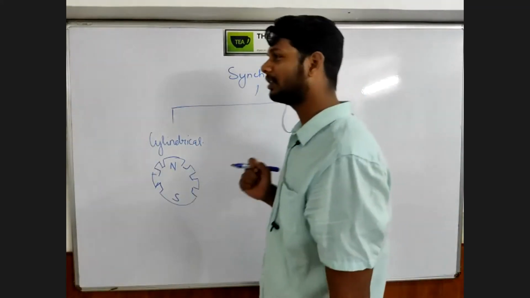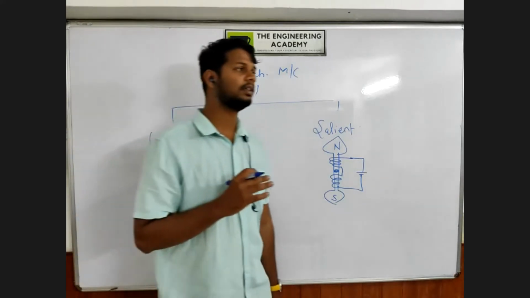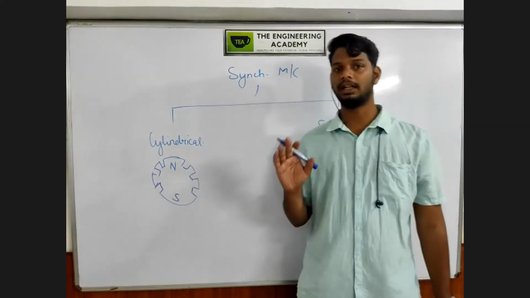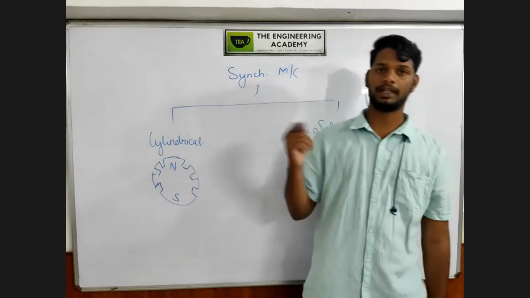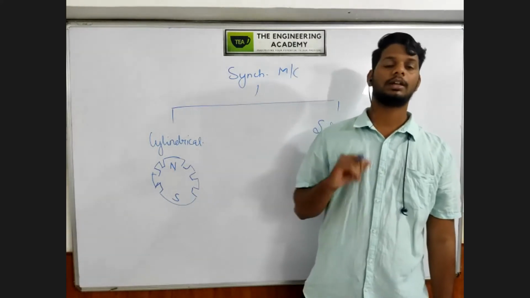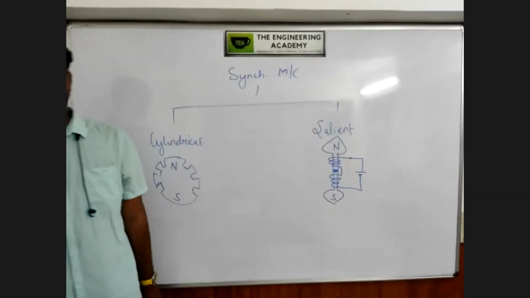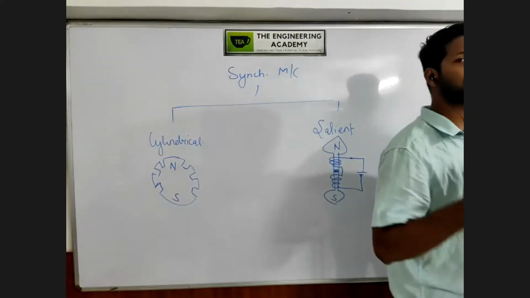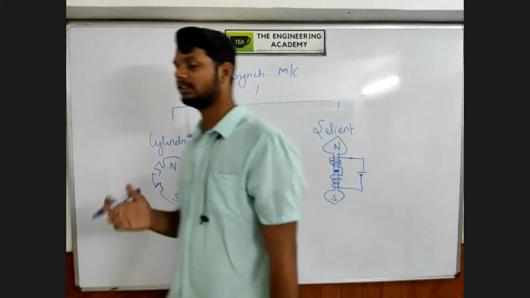Another main advantage of the synchronous machine is that we can deliver reactive power, deliver active power, and also absorb reactive power. So the synchronous machine is a multi-power machine. Let's consider only a synchronous generator.